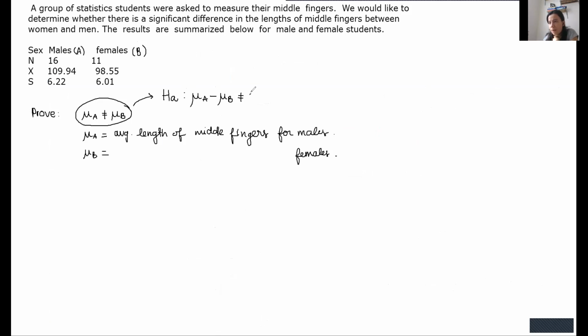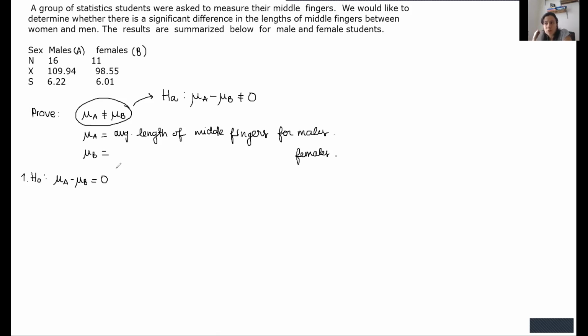This is the alternative hypothesis, what I'm trying to show, which means that what I'm going to start with, the null hypothesis, is that mu A minus mu B is equal to 0. Does everybody understand this?